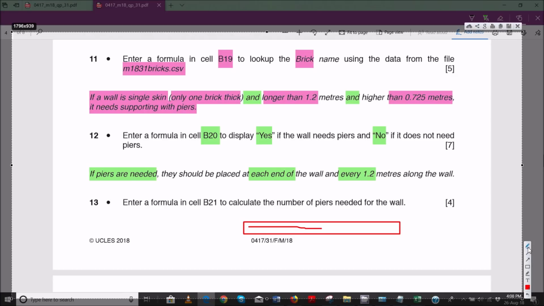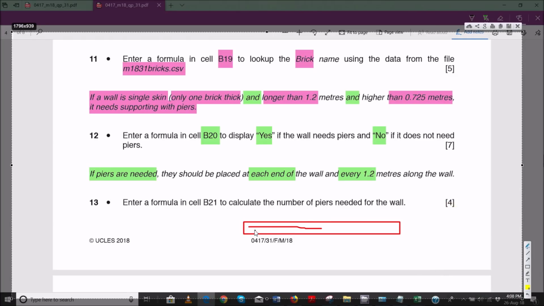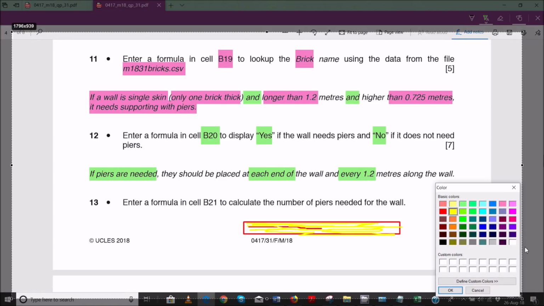I want a highlighter. Let's say this is my wall and it's a yellow wall. Okay, suppose this is my wall. If piers are needed, we're told that we should place one at each end. So let's say this will be my pier, and I'll put a different color. I'll put it there. So we have one at each end.